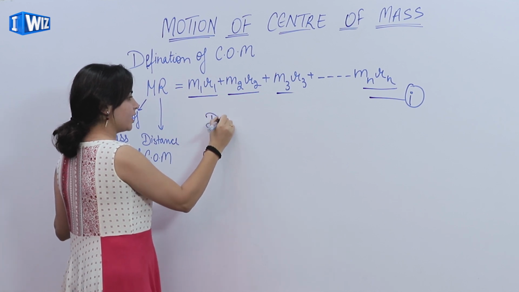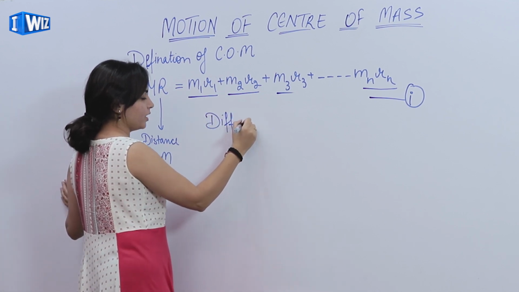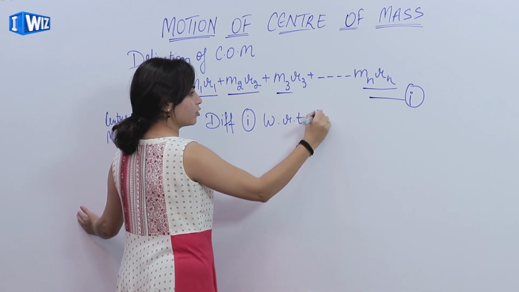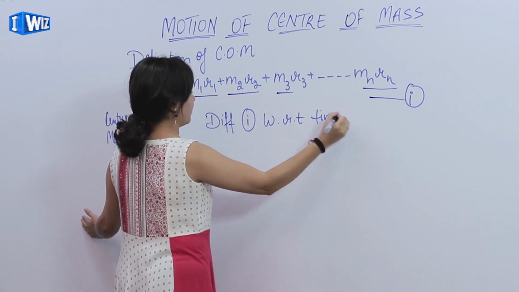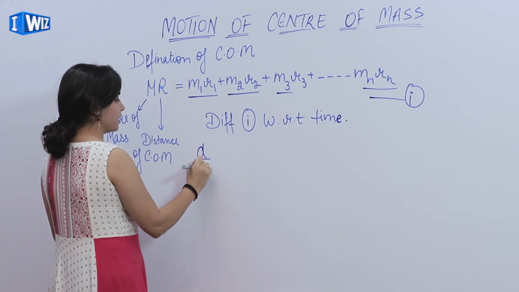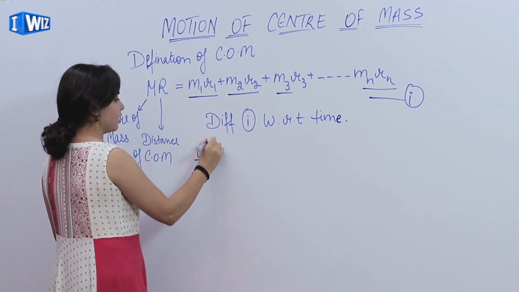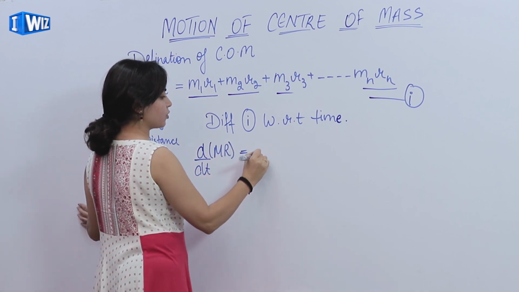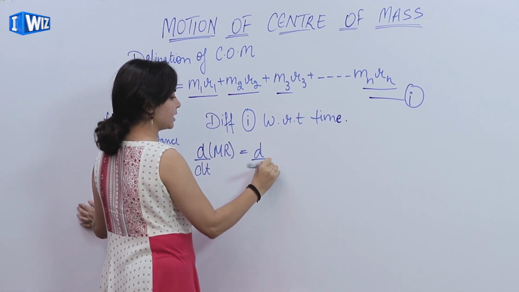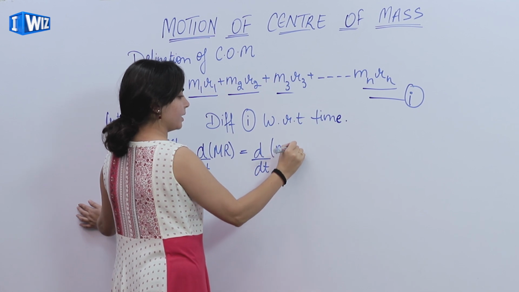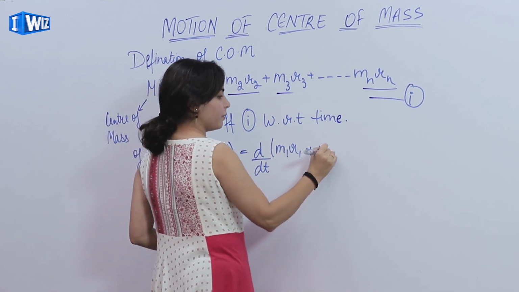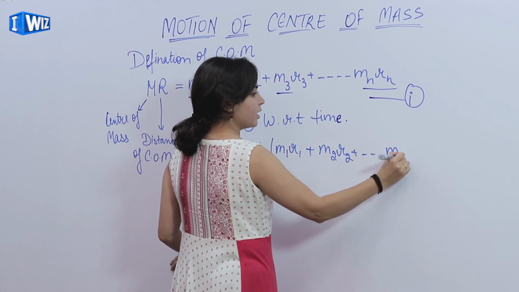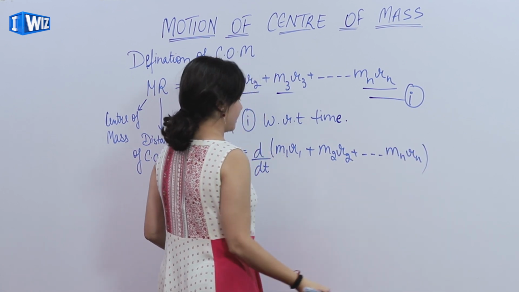We'll differentiate equation 1 with respect to time. So we'll get d by dt of mr is equals to d by dt of m1 r1 plus m2 r2 plus mn rn.